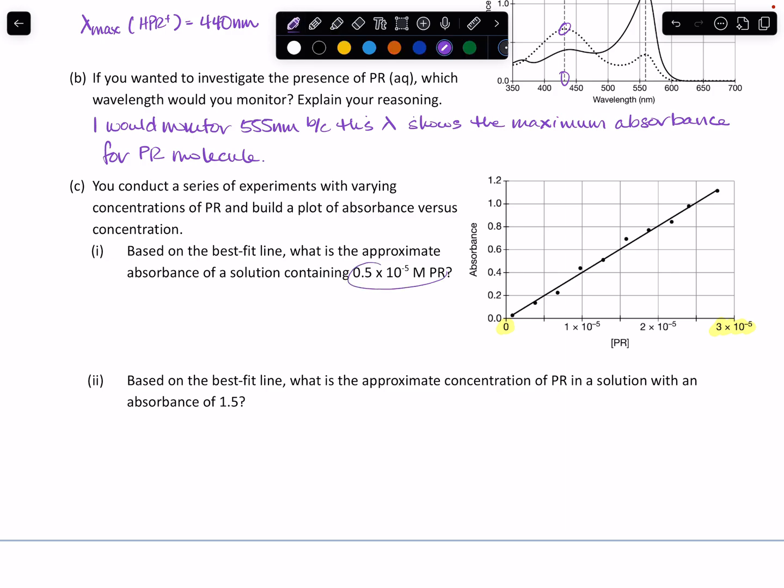So this amount is right there. So I can use the graph as is to determine that absorbance value. And if I look, the absorbance should be around 0.2 based on the plot.